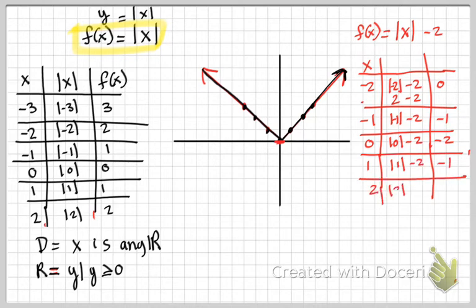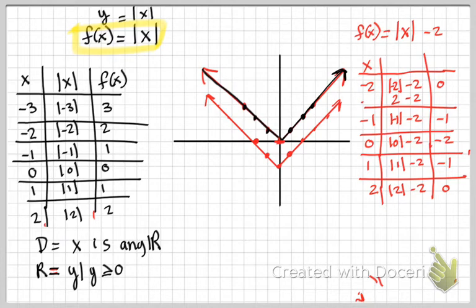And we'll notice that this makes a V. And as I plot it, what has happened to my V in relation to the parent function, the black line? Notice the equation. Notice the graph. What kinds of changes have happened? What happened to this V?